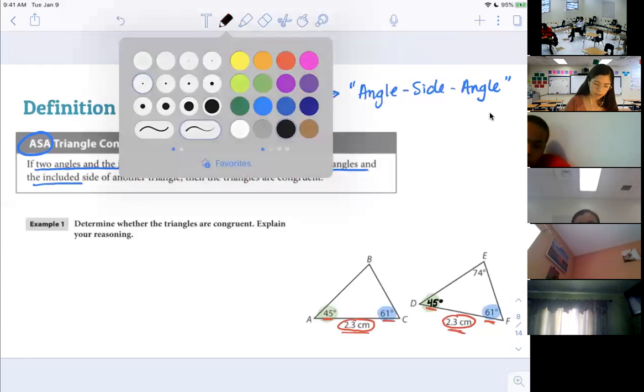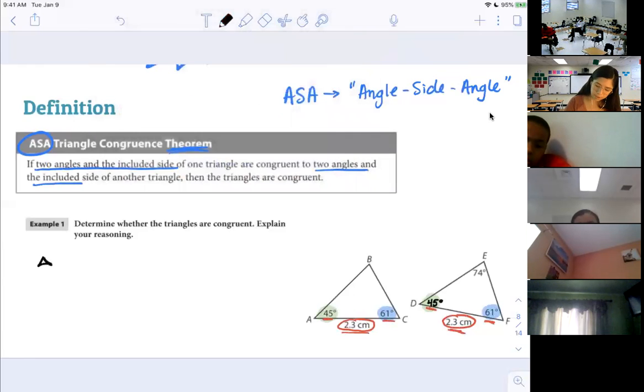So what I would say here is triangle ABC is congruent to triangle, what do they match with? Can anyone tell me? ABC is congruent to, what's the correct order for my other three sides?